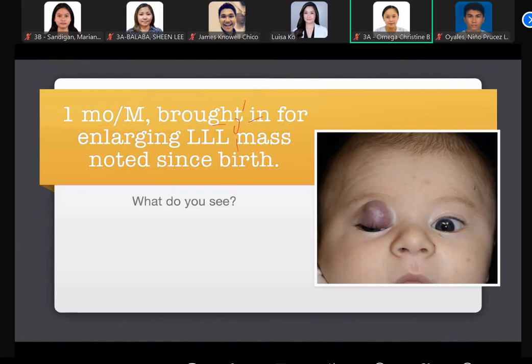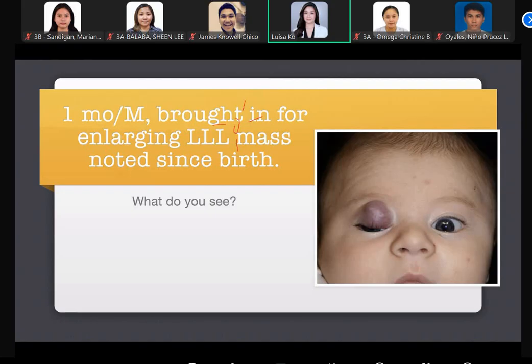Doc, there is an apparently soft, violaceous, raised mass with a bluish hue, Doc, approximately 3 to 2 cm in diameter, left lower eyelid, Doc, occupying almost the whole upper eyelid, Doc. So upper eyelid, no?